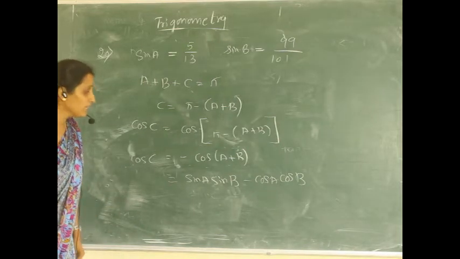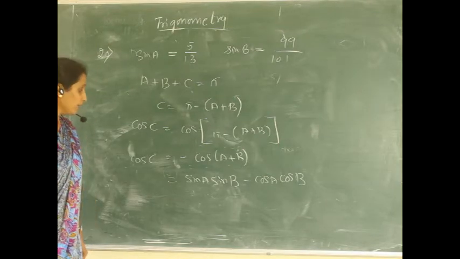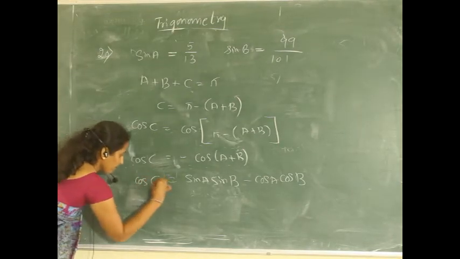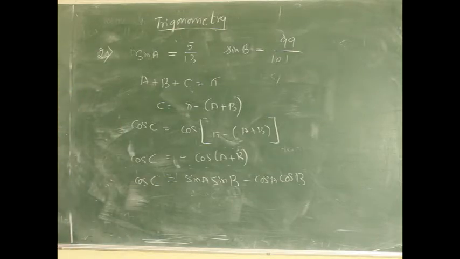So it will be sin A sin B minus cos A cos B. Now cos C is sin A sin B minus cos A cos B.